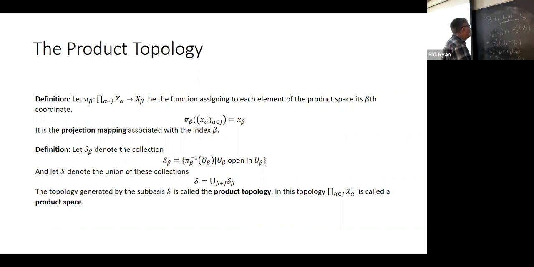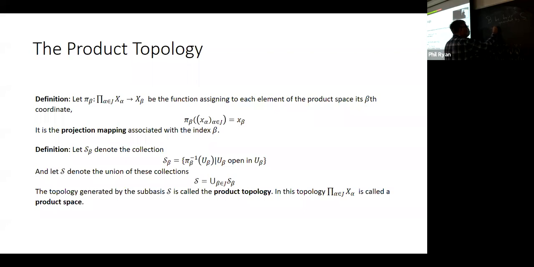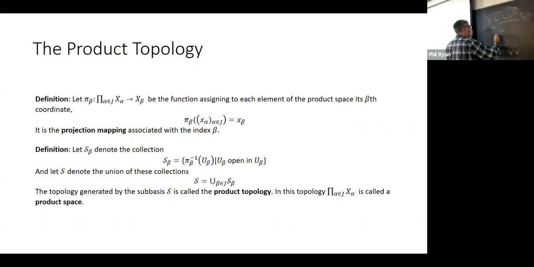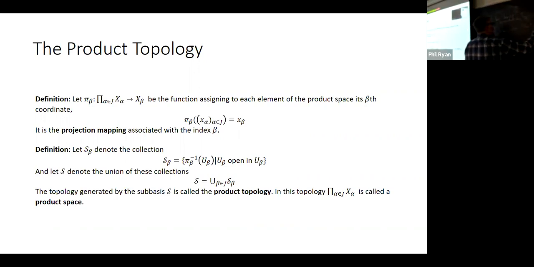But in general, what's the typical element going to look like? The typical element is going to look like some product of u alpha, alpha in j, where u alpha equals x alpha, except for finitely many alpha.